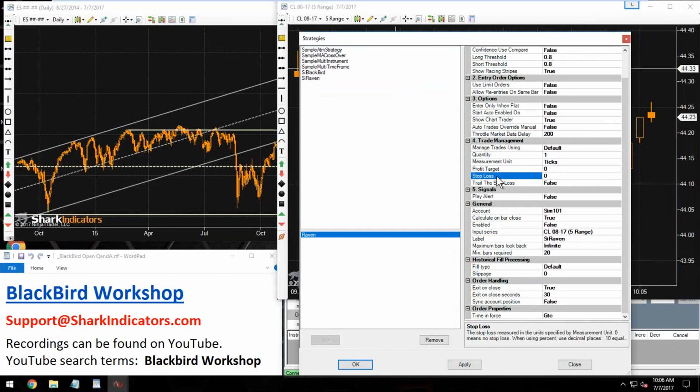And the stop loss, you can see it does have a trailing, but it's a very simplistic trailing, right? The stop loss trailing is just going to trail by the fixed amount of whatever you set your stop loss to. So if I set my stop loss to a 10 tick stop loss, then the trailing is simply just going to trail by 10 ticks, right? So, very basic settings here.